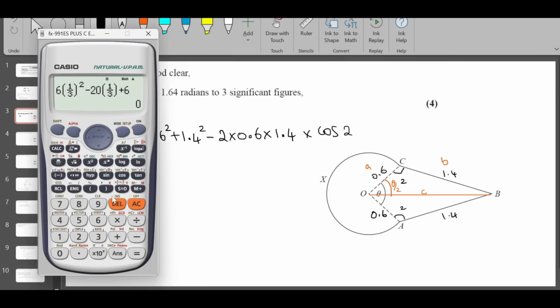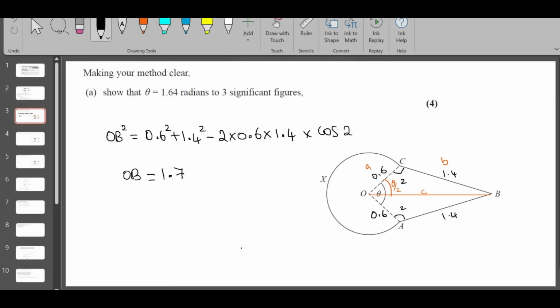And then find the square root of it, you will get the value of OB. So let's find OB now. Square root of A squared plus B squared minus 2 times A times B times cos 2. 1.737, etc. Do not round the figure because we are going to use this value in the further calculation to find theta.